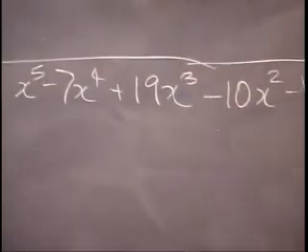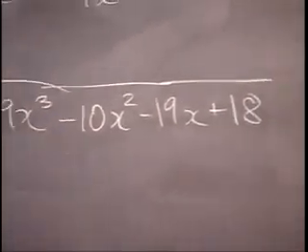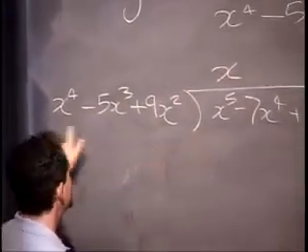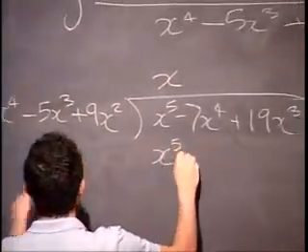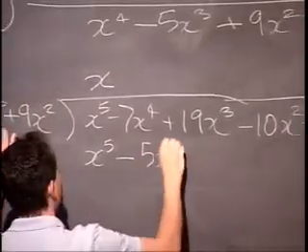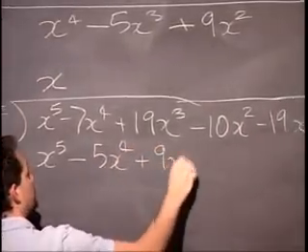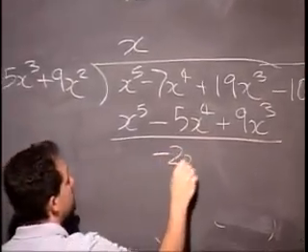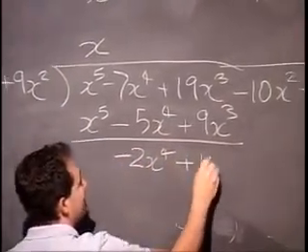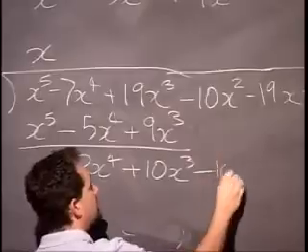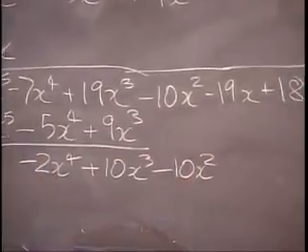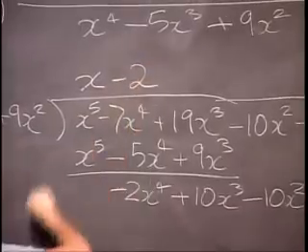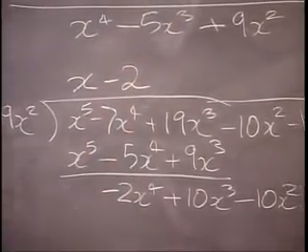Okay, let's do it. X to the fourth goes in a factor of x, because x times x to the fourth is x to the fifth. And you get x to the fifth minus 5x to the fourth plus 9x cubed. Take it away, and you get negative 2x to the fourth plus 10x cubed, and we'll carry the 10x squared. Okay, now we have minus 2 lots of this, x to the fourth.